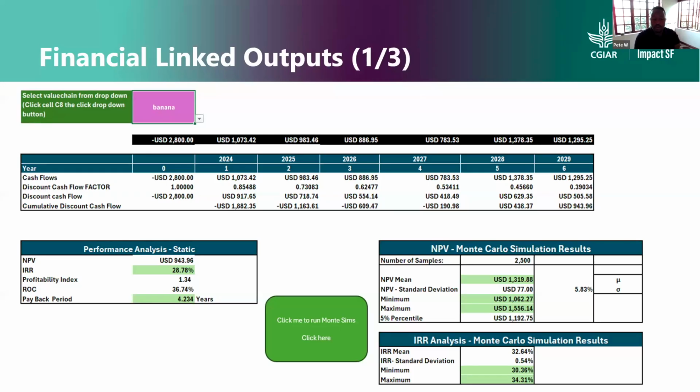And remember, in as much as we are talking about dollars, we have done a dollar for dollar, so that would also come back into the system. But typically speaking, we also did this in Ethiopian birr, just to make sure that we are having a local currency to local currency matching situation. We'd also look at other metrics in terms of your profitability index, your payback period, and the like.